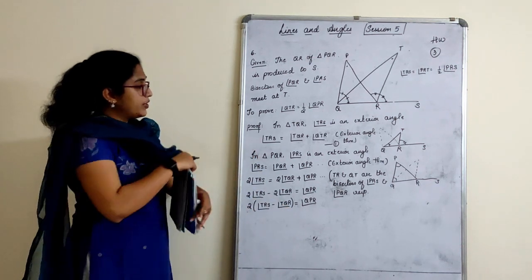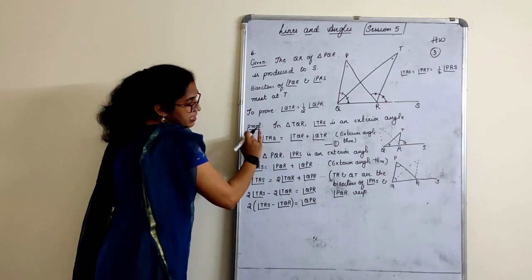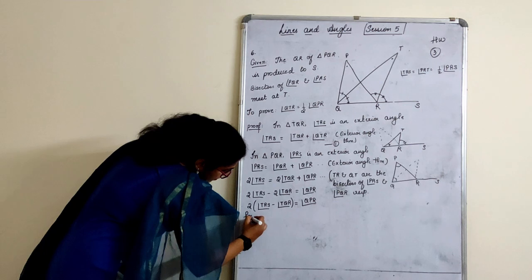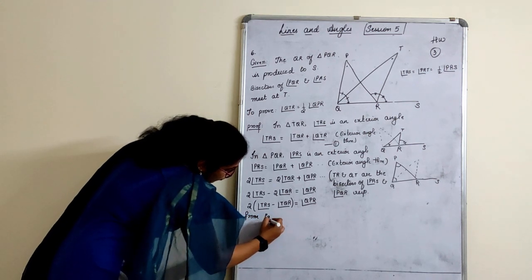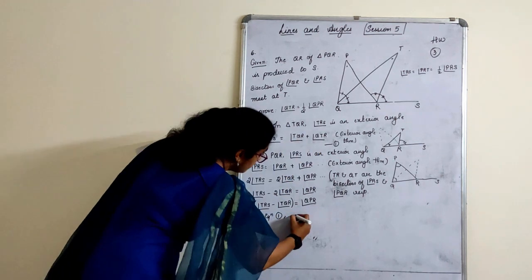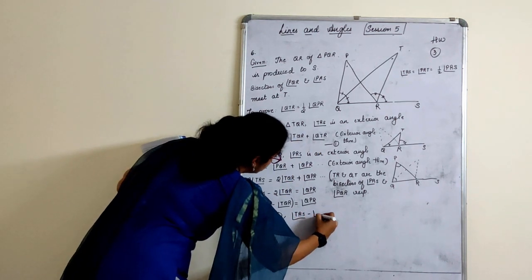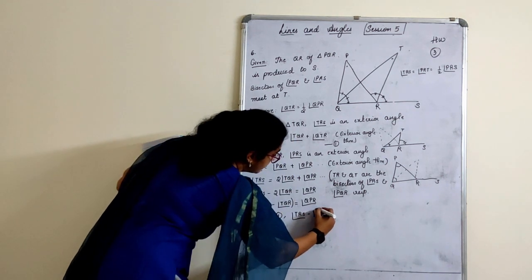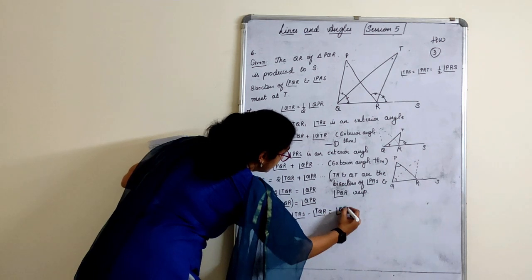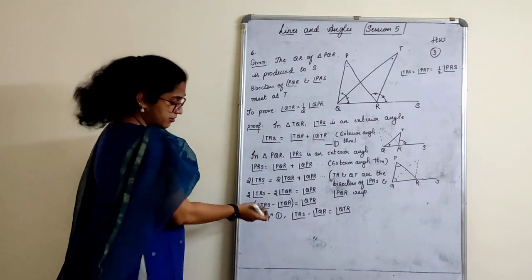Look at the first equation. First equation we have QTR. What if I transpose it here? So from equation 1, what will I write? Angle TRS minus angle TQR is equal to angle QTR. I have kept QTR, I transposed it here.